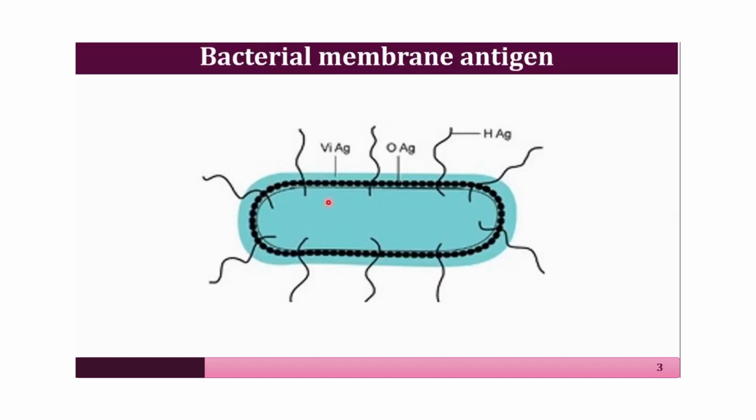Just to give an example of antigens on the bacterial cell, the antigen could consist of the mucopolysaccharide capsule surrounding the plasma membrane of the bacteria, which is called the Vi antigen in this diagram. Similarly, it could be a membrane bound antigen, called the O antigen, and the flagella of the bacteria, made of flagellin, is called the H antigen.